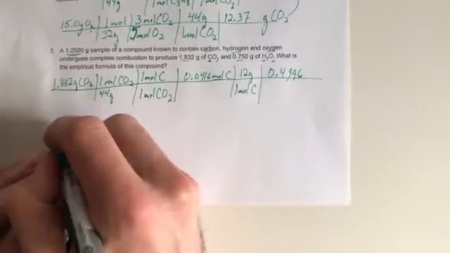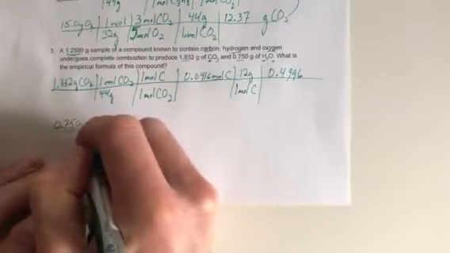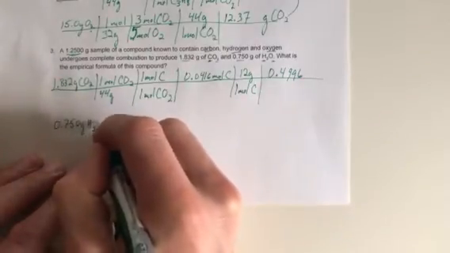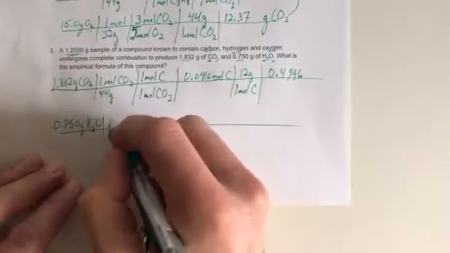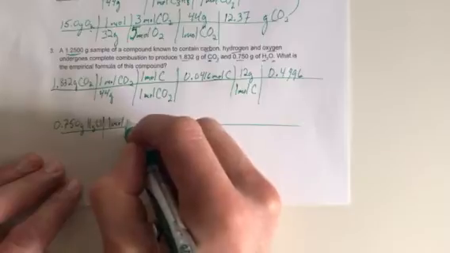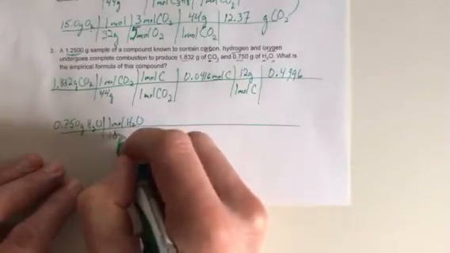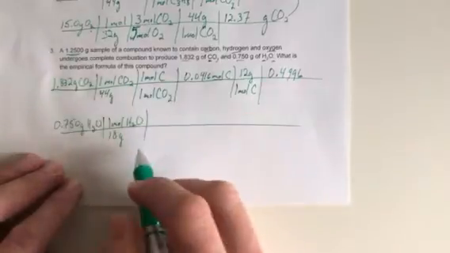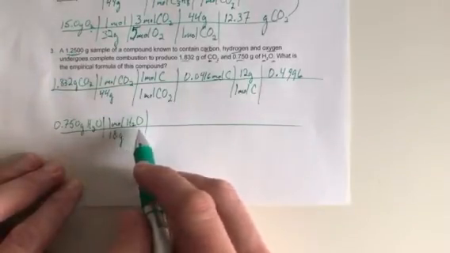Then we're going to do the same thing for the water. We need to solve for the hydrogen. So we have 0.750 grams of H2O. We're going to say that 1 mole of H2O has a mass of 18 grams. Now we're going to convert to moles of hydrogen.